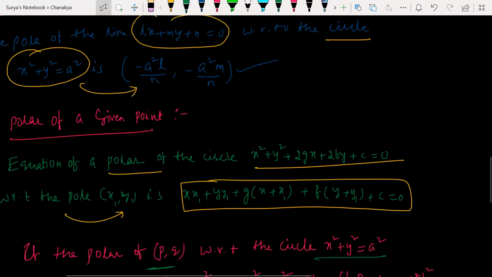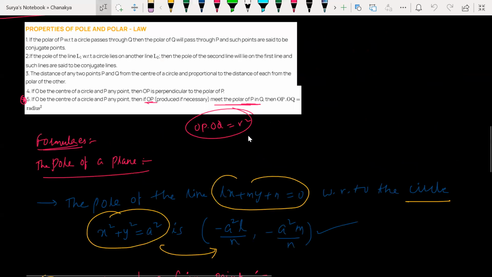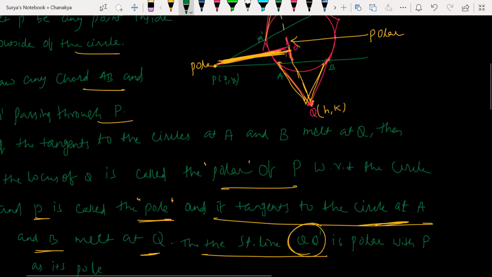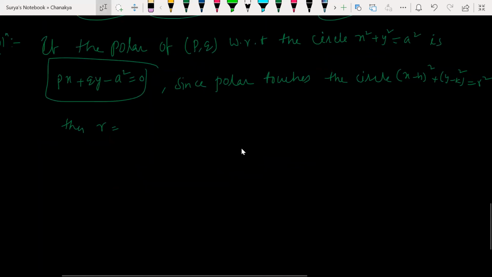Here the question says the polar touches the circle. The polar is touching the circle. Polar means the middle line. Then what is the radius? Radius is going to be the perpendicular distance, isn't it? Look at the diagram well. Just look at the diagram. Perpendicular distance from the center.